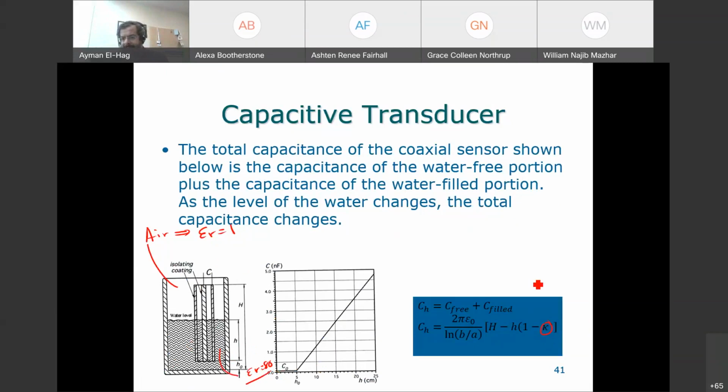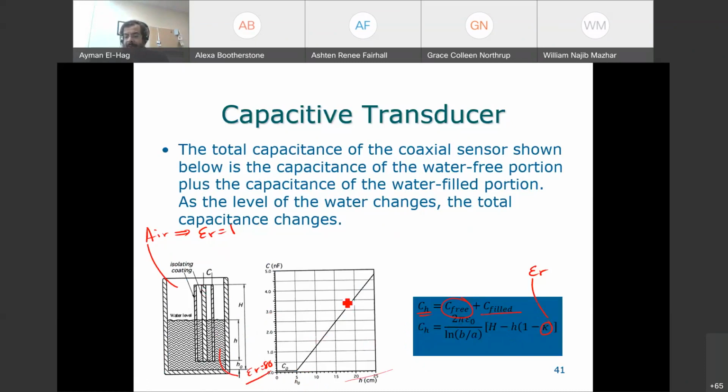Now here is the height h, and this is the formula. This k is nothing but epsilon r, which is for the water in this case. The total capacitance is C free plus C filled, and they come up with this formula. Once H starts to increase, this part becomes higher and bigger, so you will start to see an increase in the capacitance.